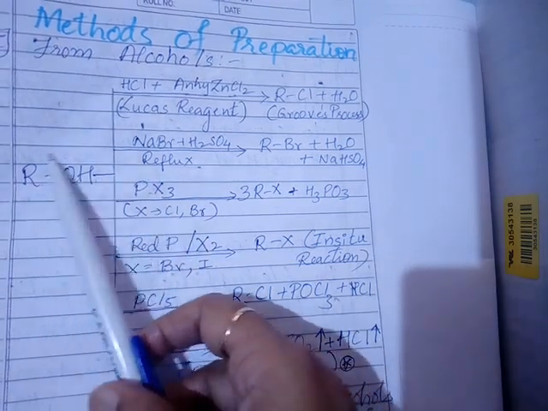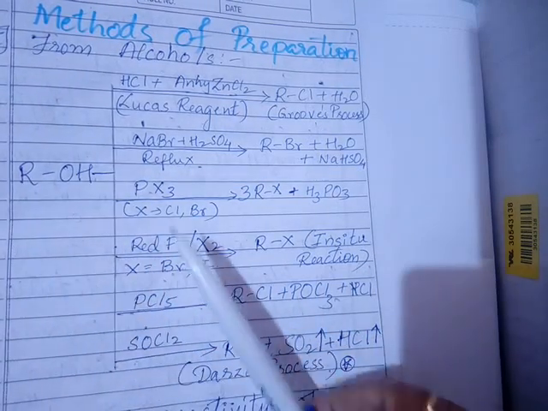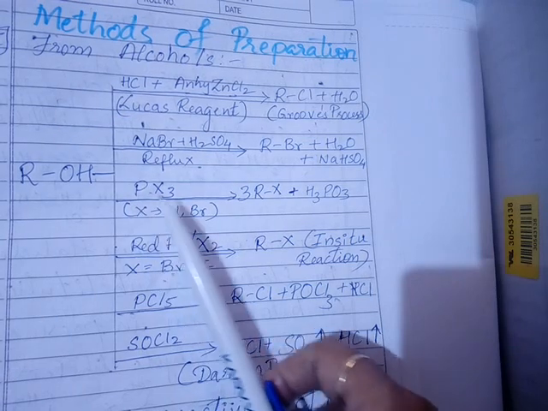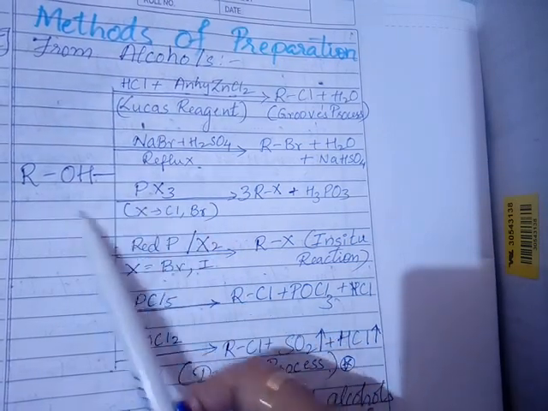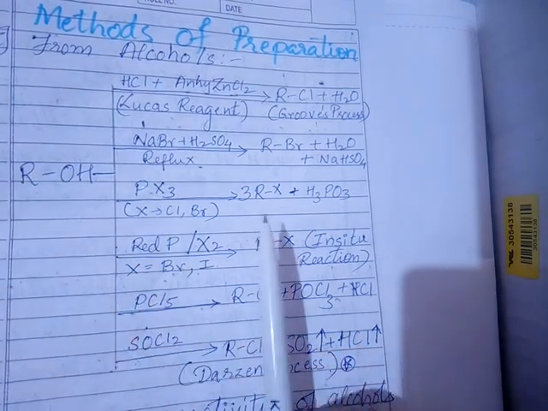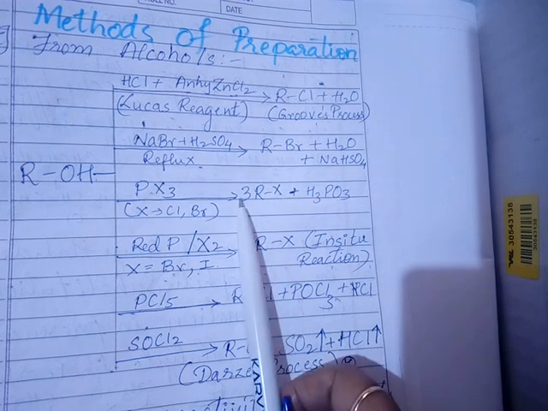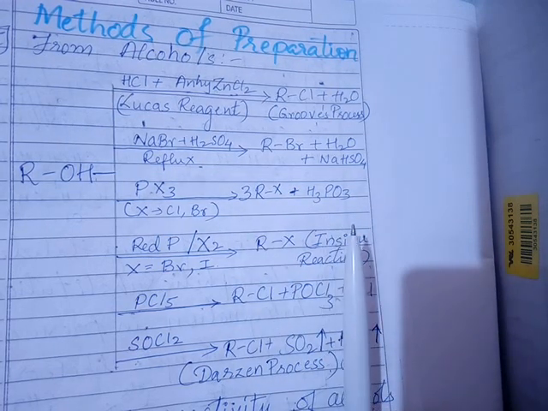Here we require 3 molecules of ROH, which combine with PX3. OH gets replaced by X, and because you take 3 molecules, you get 3 molecules of RX plus H3PO3.